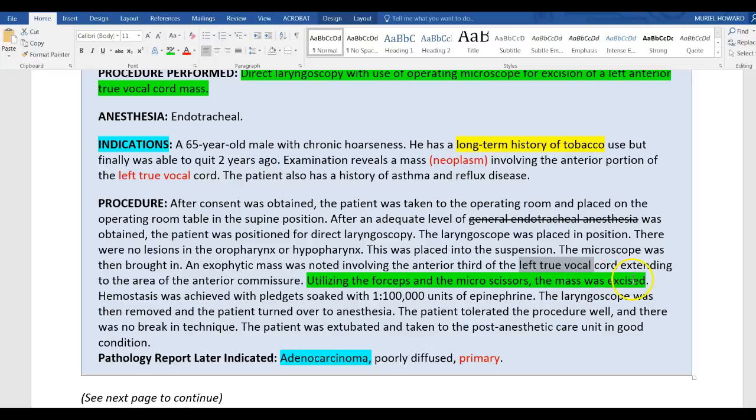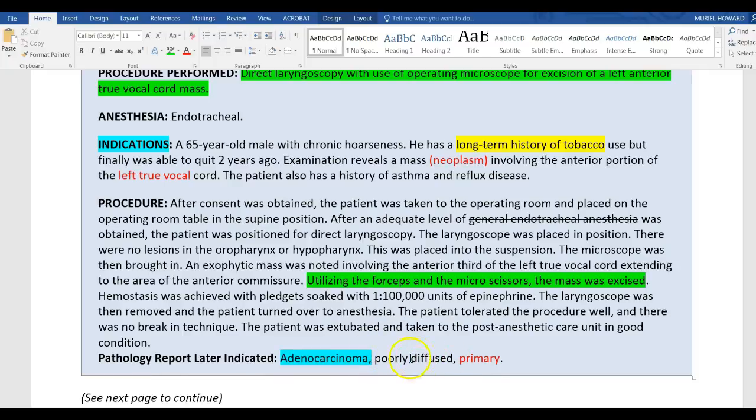After he pulled this particular mass from the patient, it doesn't really give us detail that he sent it for pathology review, but he did. So that cuts down a lot of this unnecessary reading. It just skips to the pathology report, which gave us the fact that the patient had adenocarcinoma, primary.